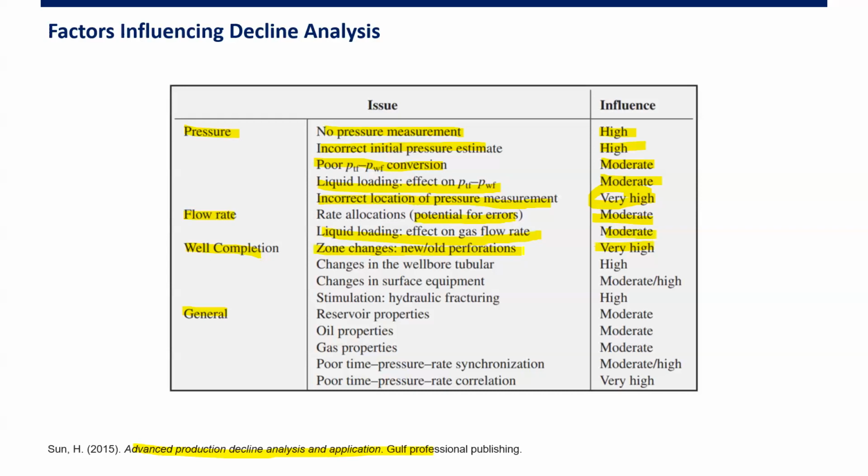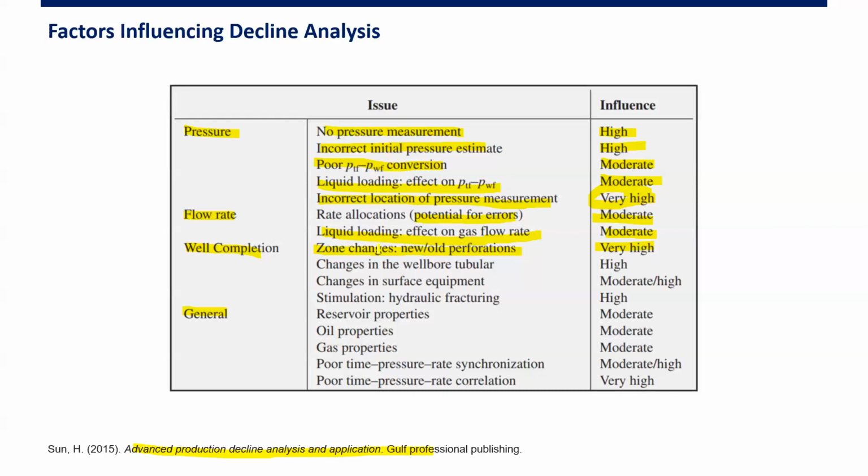Okay, of course, if you consider a new zone and you consider that as the old reservoir, you're wrong basically. And the decline analysis is basically wrong. So zone changes is a very important, critical thing to assess if you perform decline curve analysis. Make sure you are analyzing the production decline of the wells from the same reservoir, from the same zone.